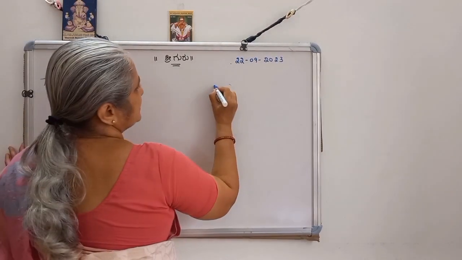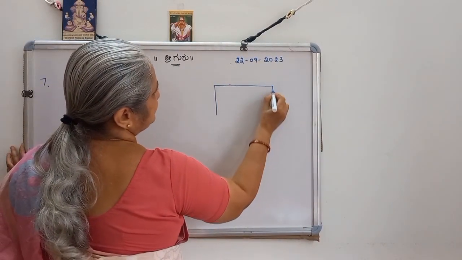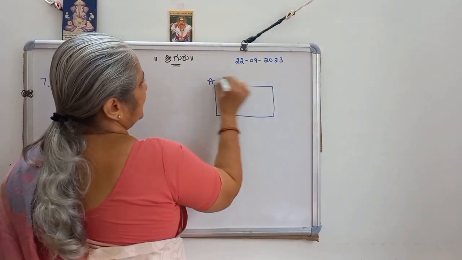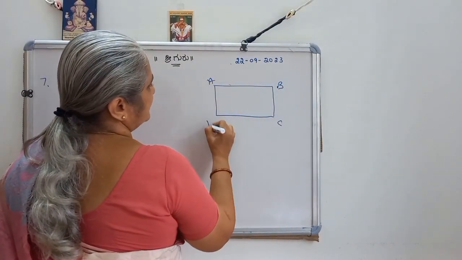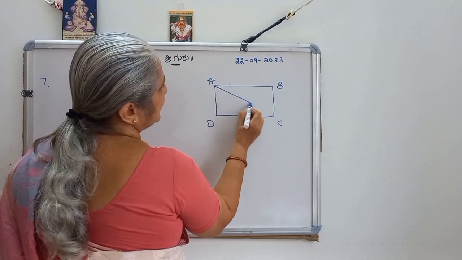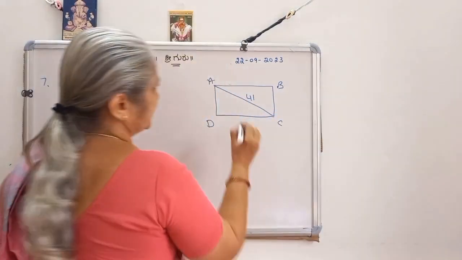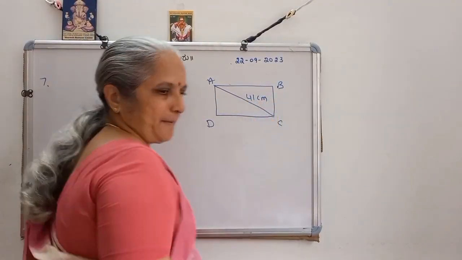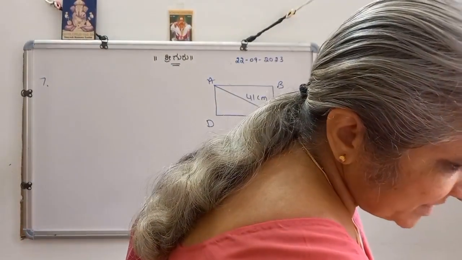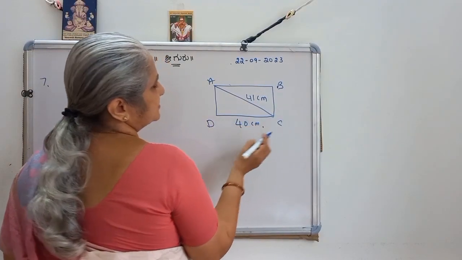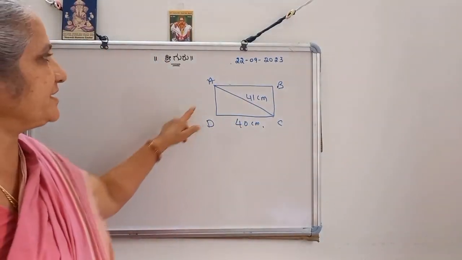This is the rectangle ABCD, and the diagonal is 41. This is the diagonal, 41 centimeter. Whose length is 40 centimeter. This is 40 centimeter. So to find the perimeter, we need the breadth.